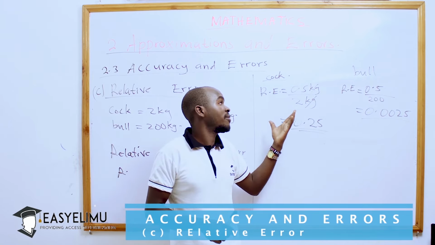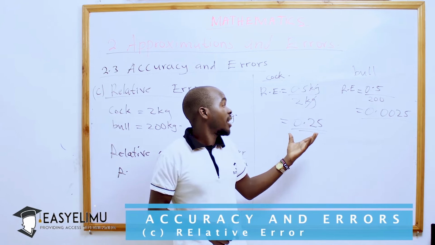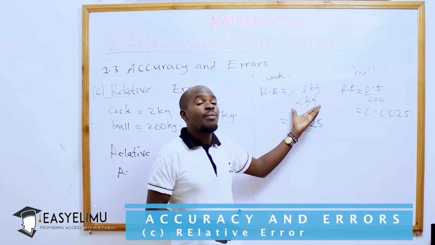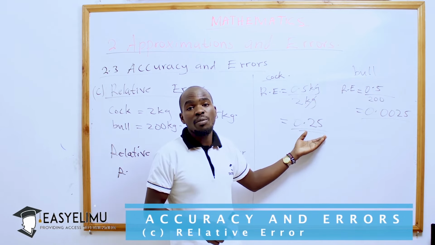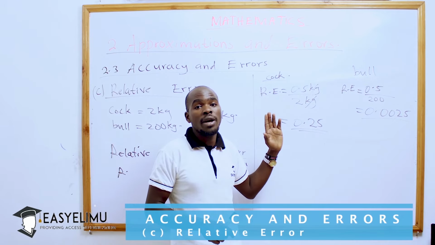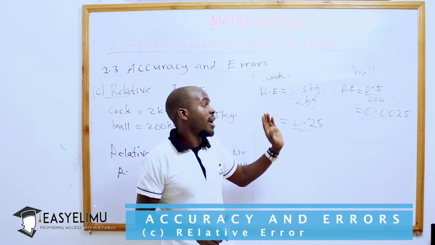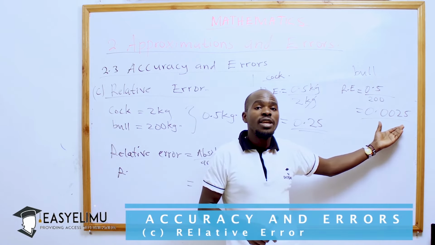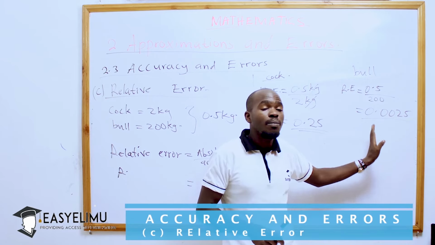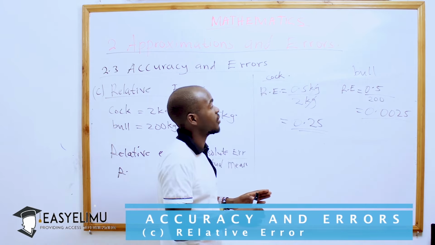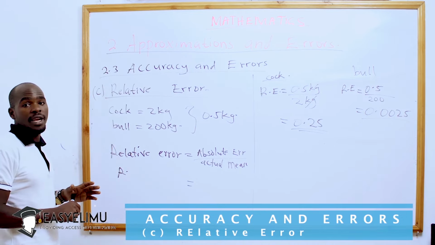That is when the relative error is present in a way that the mass is too small, then we find it is much greater and has a much greater impact on the measurement. And here it is too small, meaning the accuracy is too high and it has a much smaller impact on it.